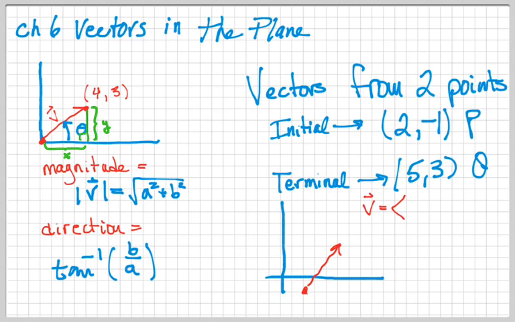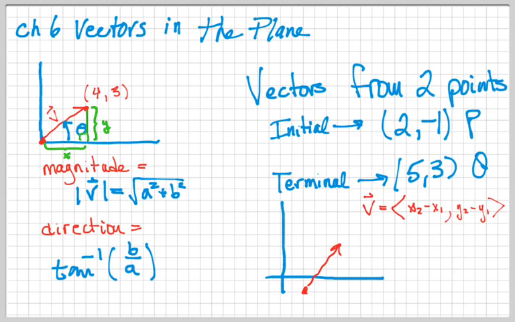So here's how you do it. I'll use x and y to represent these pieces. So it's going to be x2 minus x1, comma, y2 minus y1. That's the formula I use.